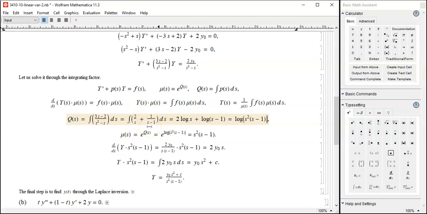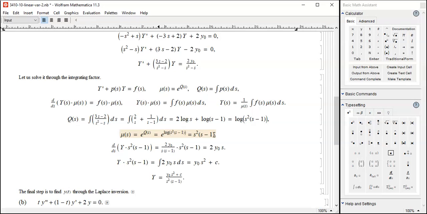Break it apart, and then we have log plus log. It's a good idea to consolidate them into a single logarithm, and this is what we get. What's the integrating factor? E to the Q power, so you have exponential of log, which cancel each other out. This is the integrating factor: s squared times s minus 1. You with me here? So this is basically what we are up to, the integrating factor, and we got up to here.